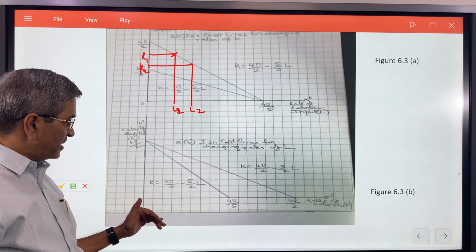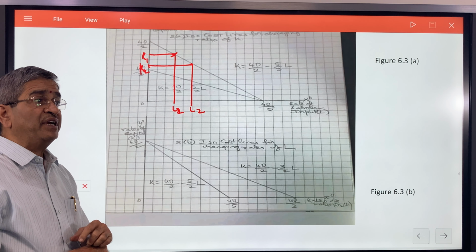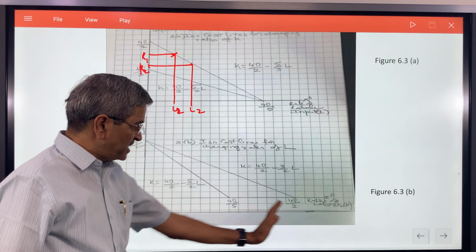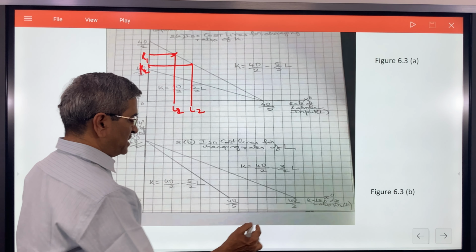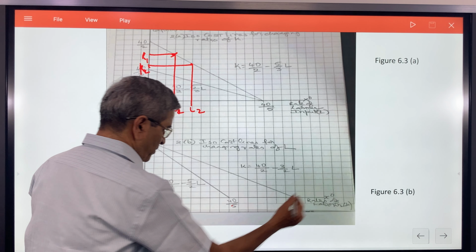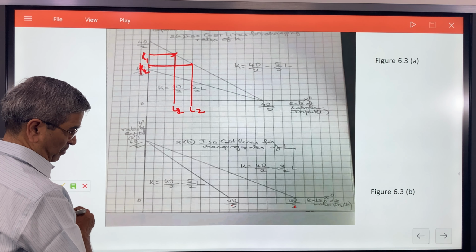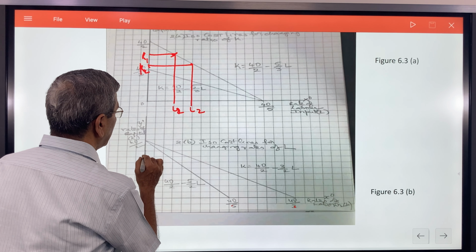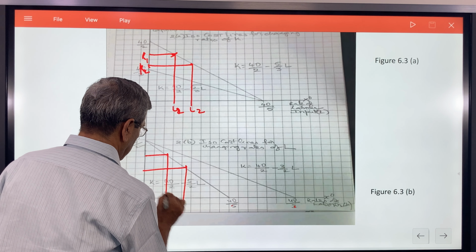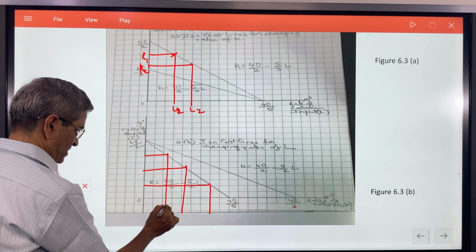Down here, you are not changing the capital rate. Rate of interest is constant. But the wage rate is changed. Suppose the wage rate is increased from 3 to 5. Then you can have lesser labor only. Then different combinations can be worked out like this for a given higher wage rate.